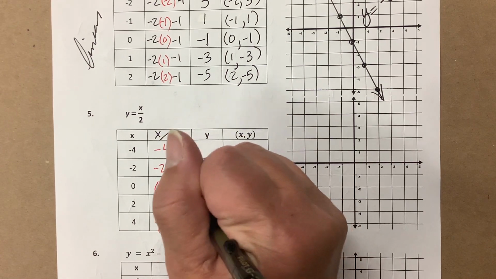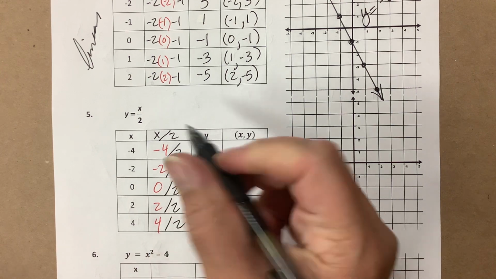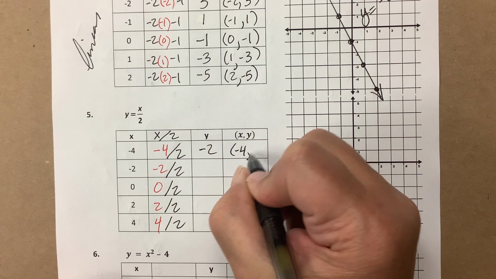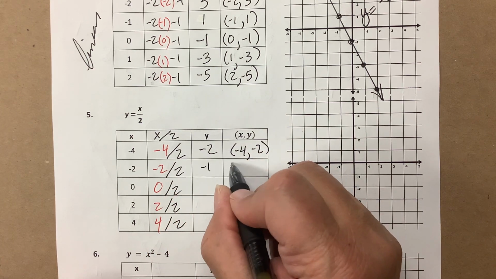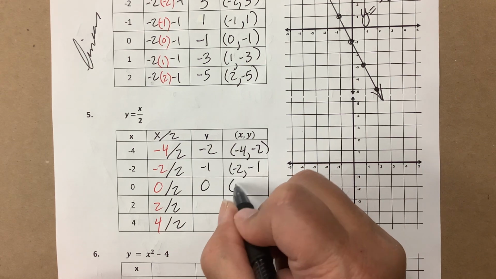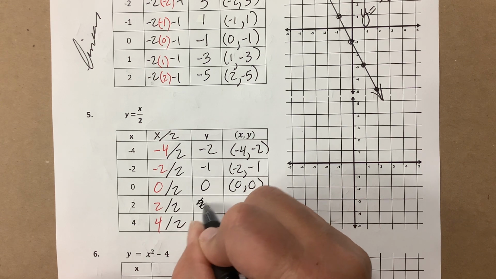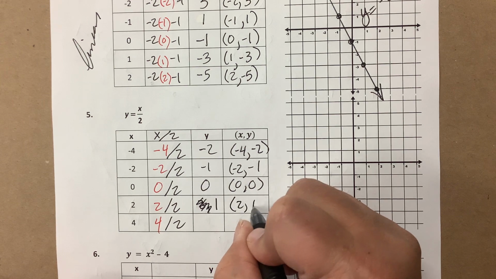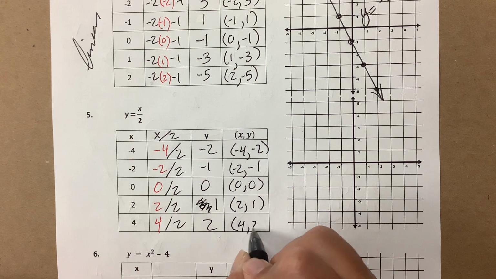Divided by 2. -4 divided by 2 is -2. (-4, -2). -1. (-2, -1). (0, 0). Oh, sorry. 2 divided by 2 is 1. I don't know what I was writing there. (2, 1). And 4 divided by 2 is 2. (4, 2).